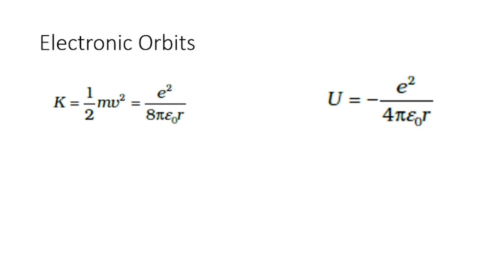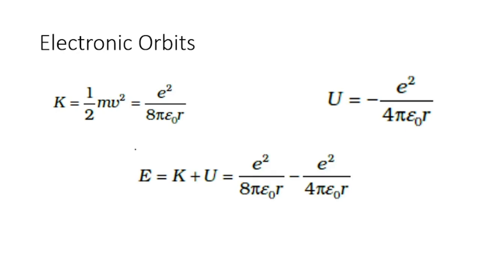Hence the total energy is potential energy plus kinetic energy, which is e square divided by 8 pi epsilon naught r minus e square divided by 4 pi epsilon naught r. After simplification, the energy is E equals minus e square divided by 8 pi epsilon naught r. Using this equation, we can calculate the energy of an electron in this particular orbit at a distance of r.